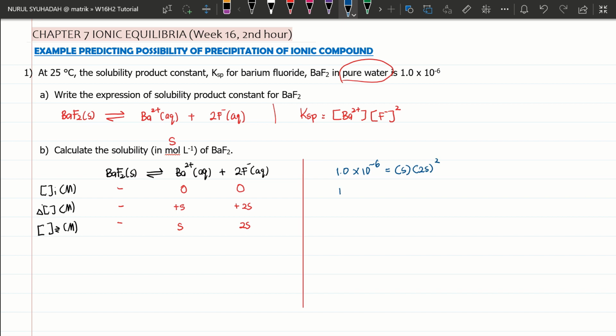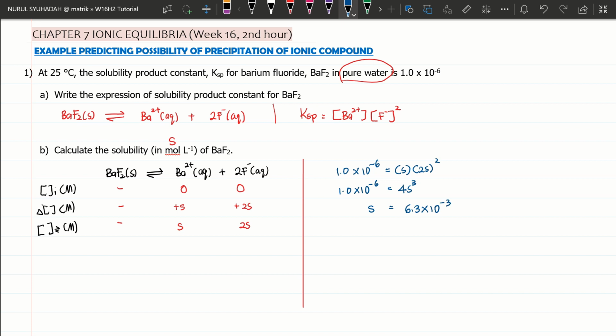Okay, so 1 times 10 to the power of negative 6. So dekat sini awak akan ada 4S to the power of 3. So to find the value of S, okay, 1.0 darab 10 negatif 6 bahagi 4. Kemudian awak punca kuasakan 3. So you will get the value as 6.3 times 10 to the power of negative 3.